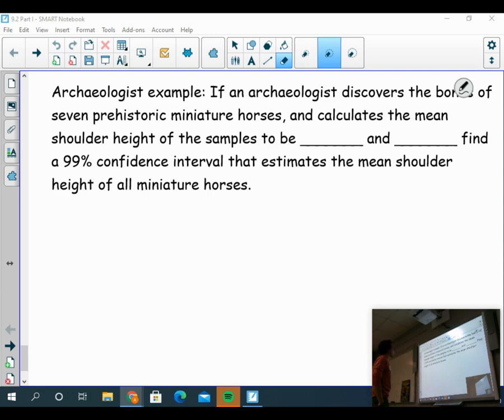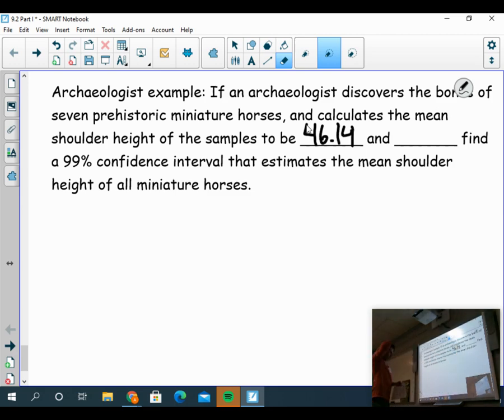Archaeologists discovered the bones of 7 prehistoric miniature horses and calculated the mean shoulder height of those 7 in the sample to be 46.14 inches.